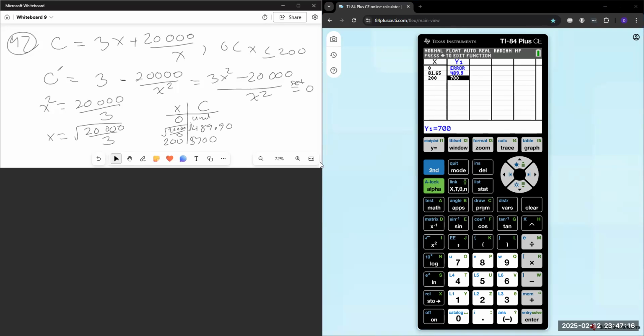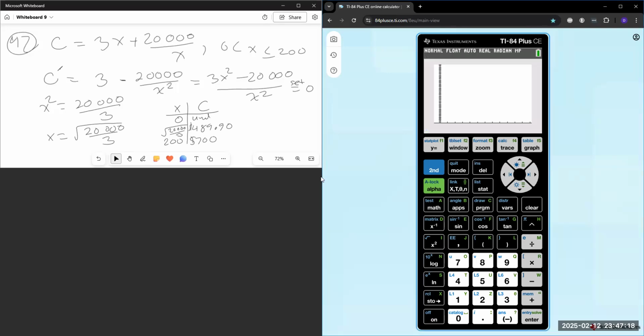And if we go ahead and look at this graph, zoom 0, window, this needs to go from 0 to 200. Cost needs to go from 0 to, let's go with 1,000. Let's go by hundreds here.